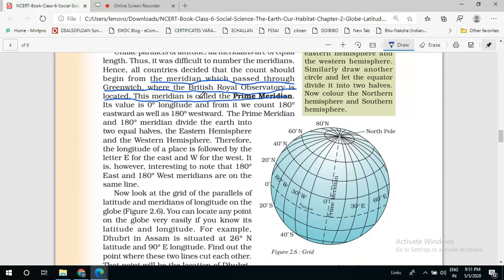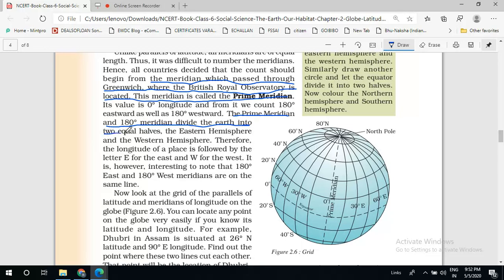Now what we are seeing is that the equator was there which was dividing the earth into two equal halves. That was north and south. Northern hemisphere, southern hemisphere. Now we see that the prime meridian, that is 0 degree, and the 180 degree meridian, if we join them, we find that these two meridians divide the earth into two equal halves.